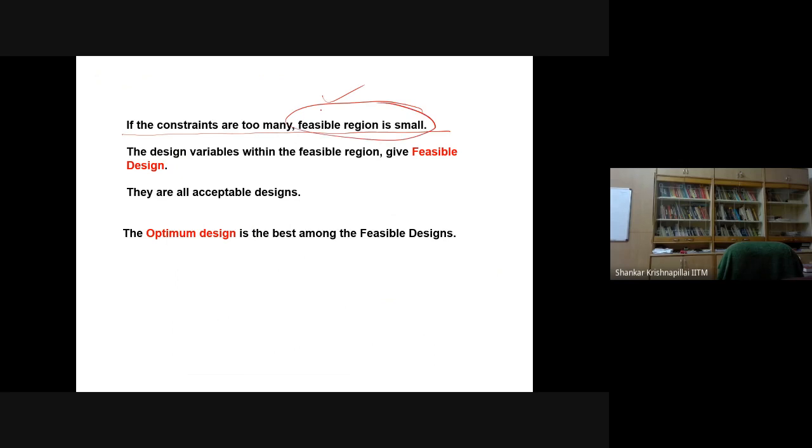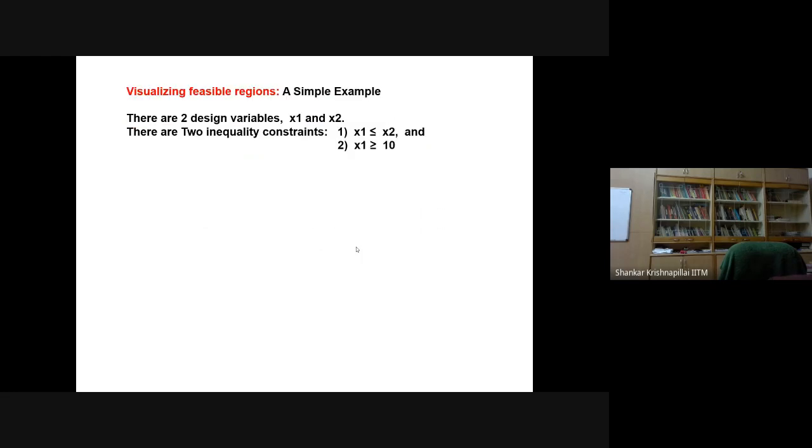That is, you don't have much choice. Any values of X, Y, Z which are in the feasible region are called acceptable design because that beam will not fail. Then optimum design is the best among the feasible designs.